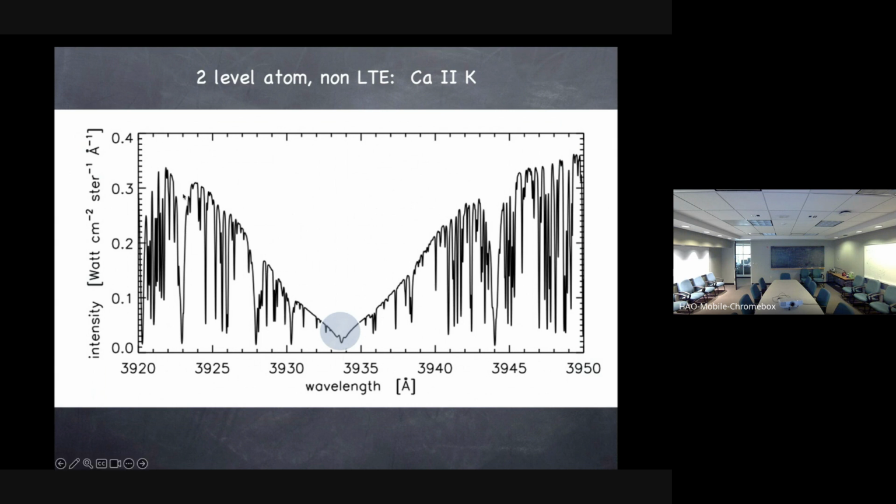And what you see here is an absorption line like this, with superimposed lines of iron and junk on top of it. This is because calcium is one of the strongest lines in the spectrum, in the sense of being very opaque.